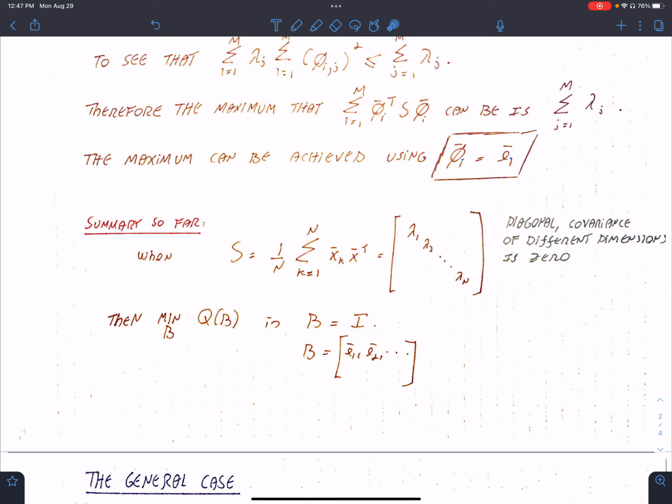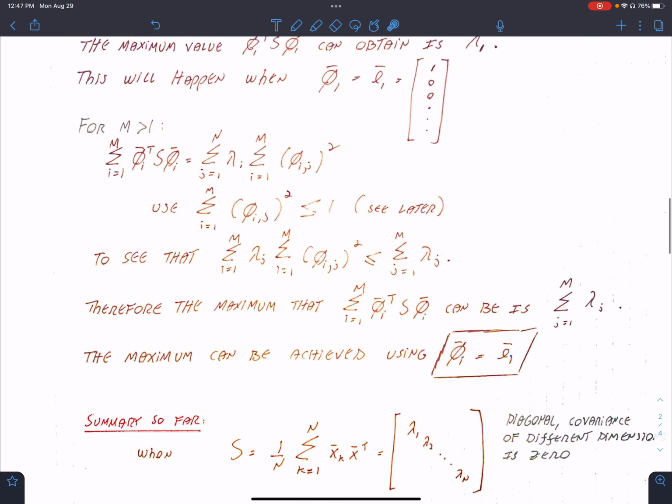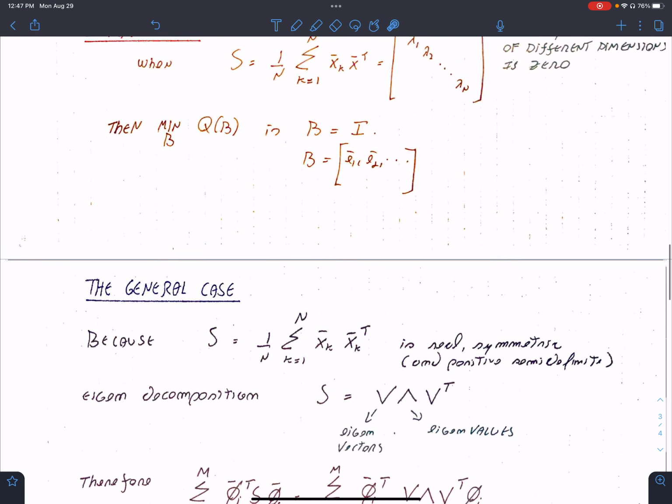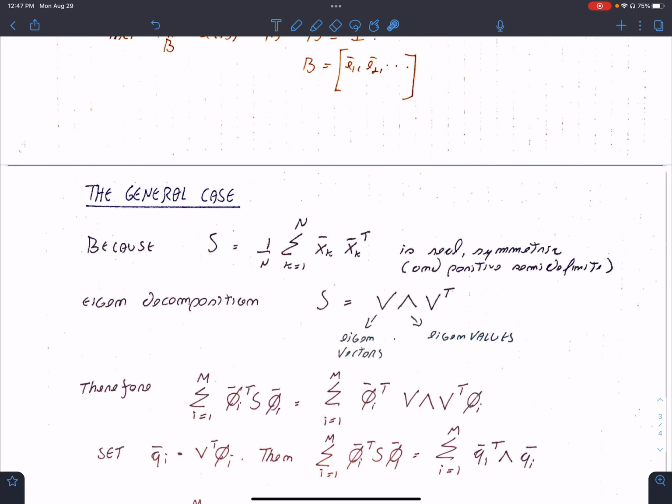This means our eigenvectors, our PCA components, are the canonical vectors e1, e2, e3, where ei is 1 only at the ith entry of the vector. So that's our ei.